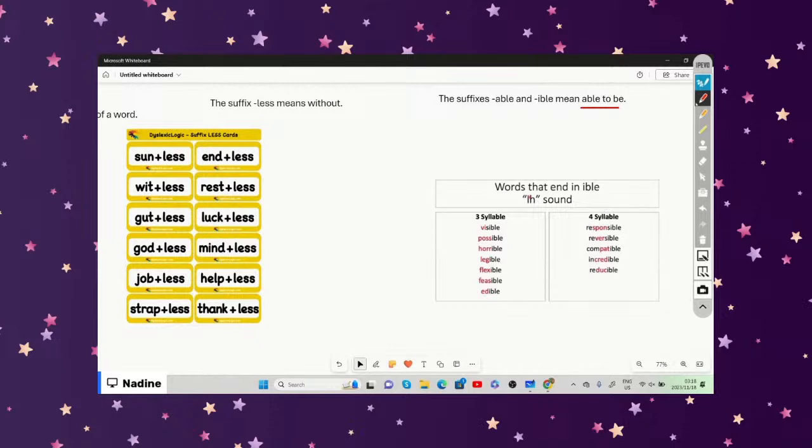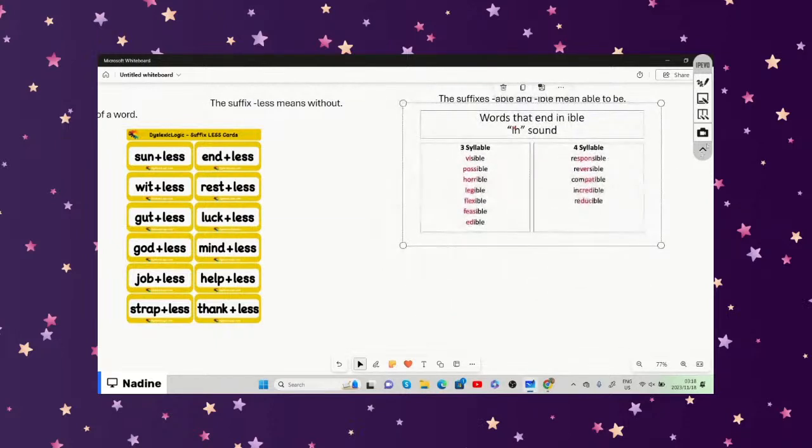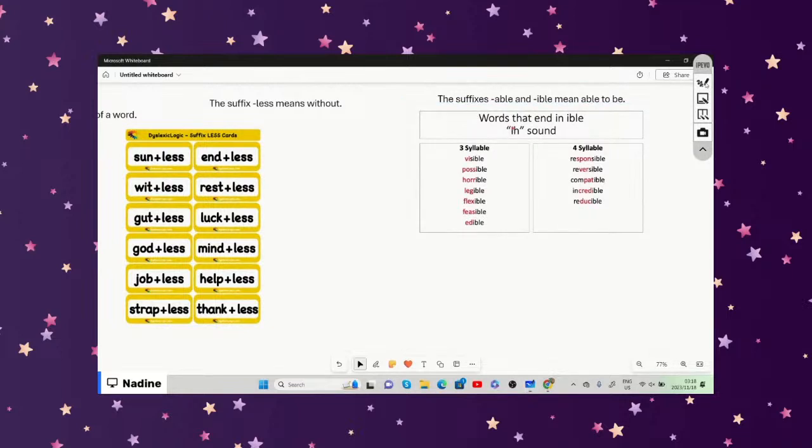And if we now look at, so able to be, right? So which means that if we look at the word visible, right? Visible is when you are able to see in front of you.